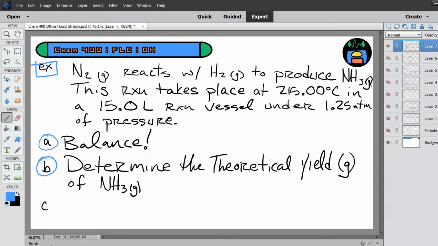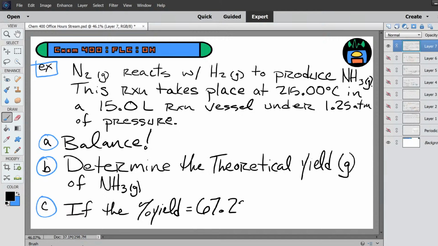And part C, if the percent yield is 67.2%, what was the actual yield?